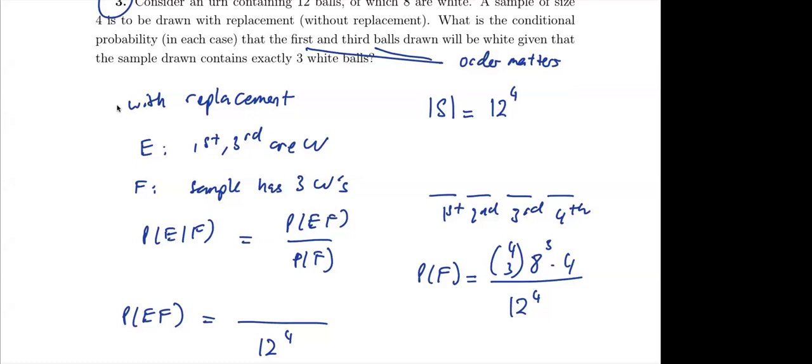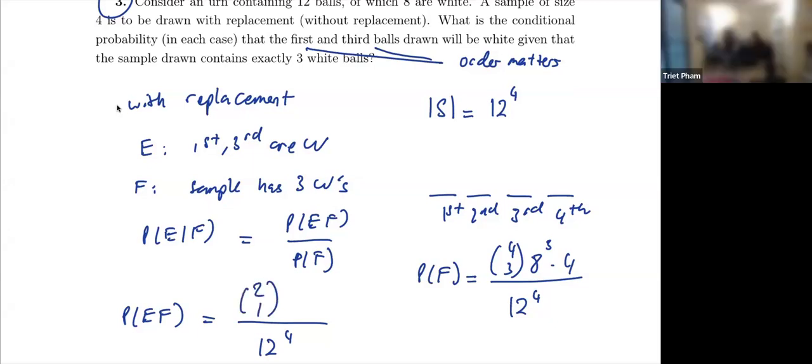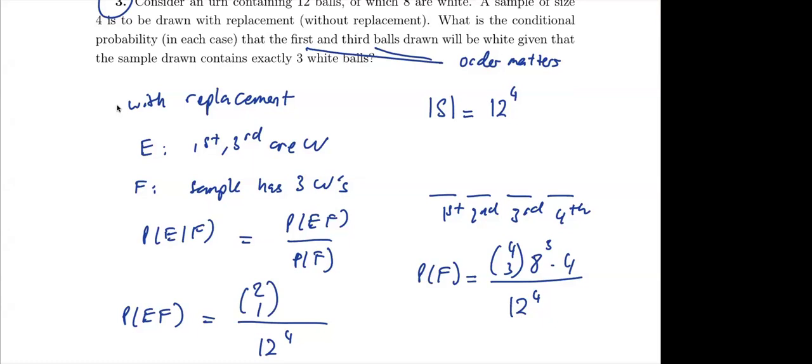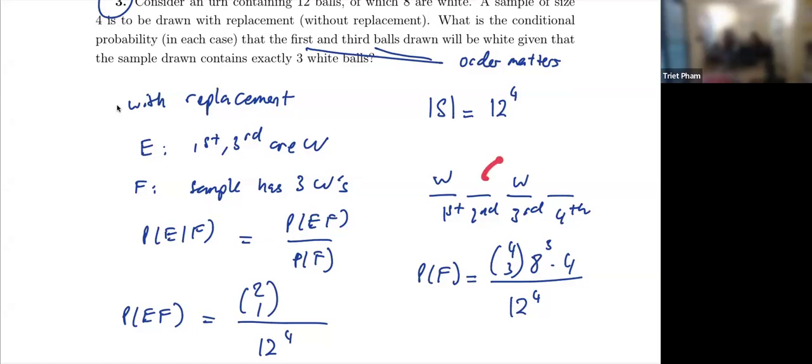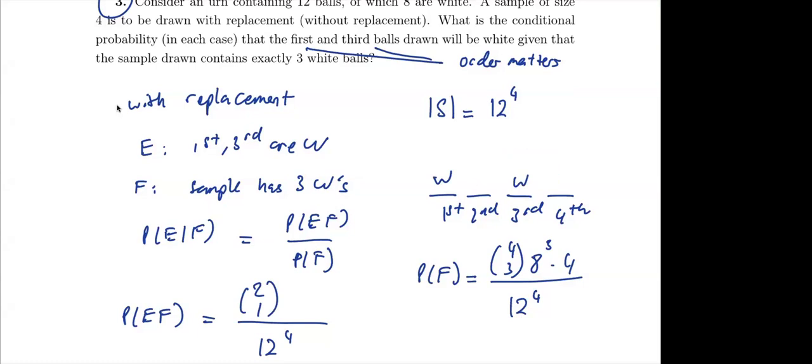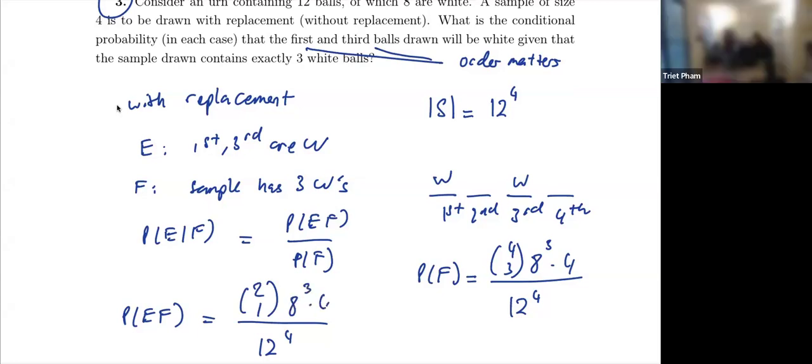The first, second, and third are white, and the second case is the first, third, and fourth are white. So for each case, you're referring to 2 choose 1, because out of 2 spots, you choose 1 spot for the whites. And then you have the 8 to the third times 4. Correct.